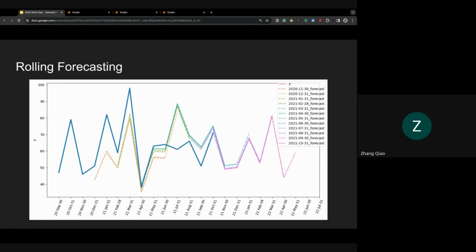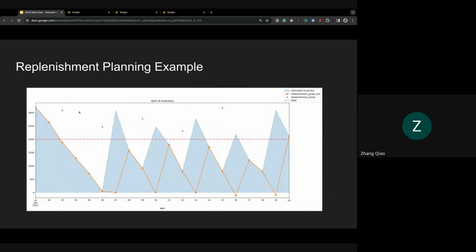So from a business point of view, the business owner can also make some adjustments based on this kind of information. And with the rolling forecasting of demand, we also need to do continuous inventory planning as long as we gain new information, as long as our inventory level is updated.